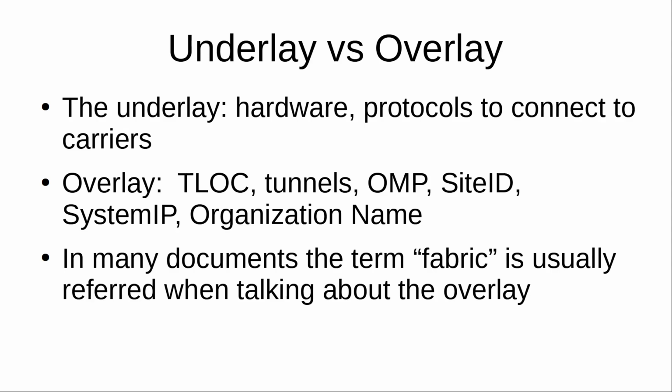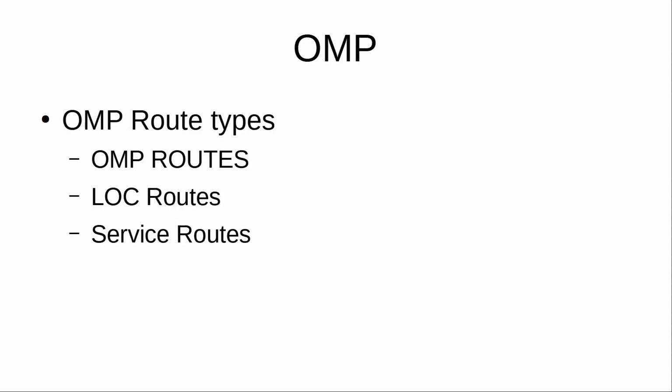All of that is what makes the overlay for the Cisco Catalyst SD-WAN solution. And I just want to mention that the term fabric is usually used when talking about the overlay, and this happens in many documents I have read.